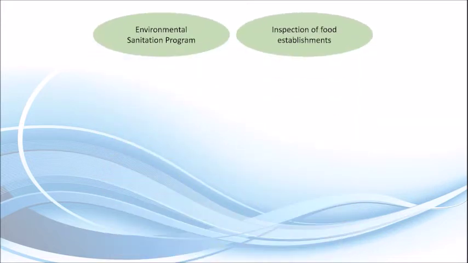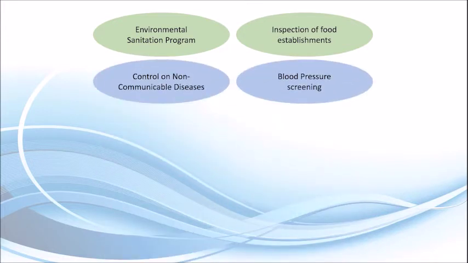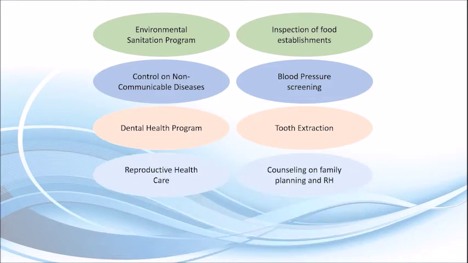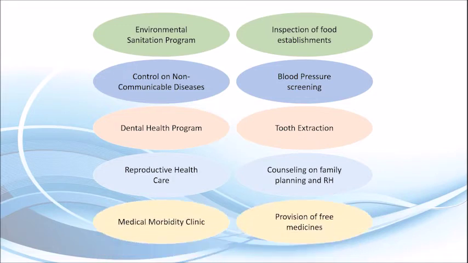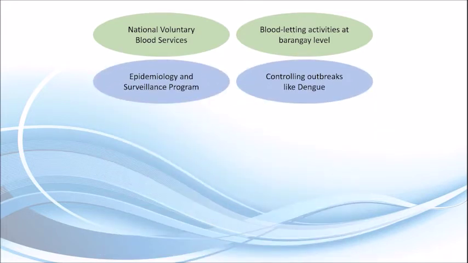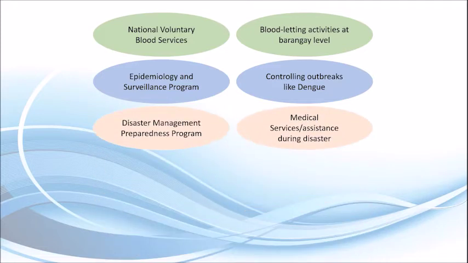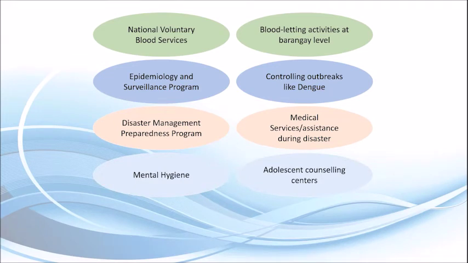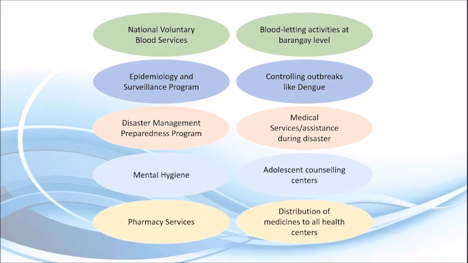It also includes environmental sanitation program, control on non-communicable diseases, dental health program, reproductive health care, medical morbidity clinic, National Voluntary Blood Services, Epidemiology and Surveillance Program, Disaster Management Preparedness Program, Mental Hygiene, Pharmacy Services.